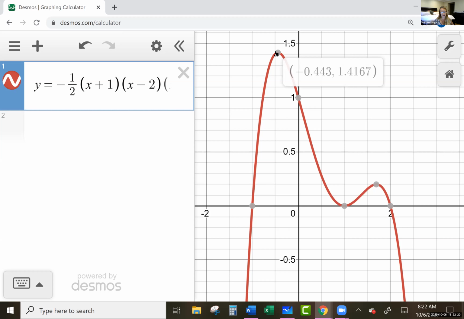So we're going to have to use the calculator to help us figure out what those points are. If you put the equation in and hover over where the max and min are, you'll get some points, and we can then estimate. We have a max here at about -0.4, 1.4. We have a min here at 1, 0, and a max here at 1.6 and 0.19.